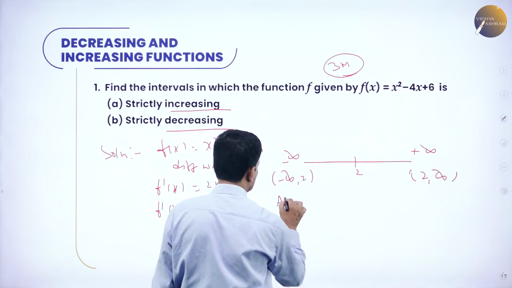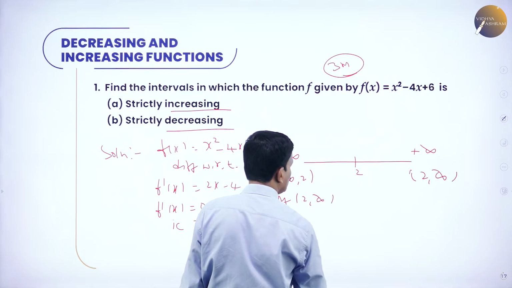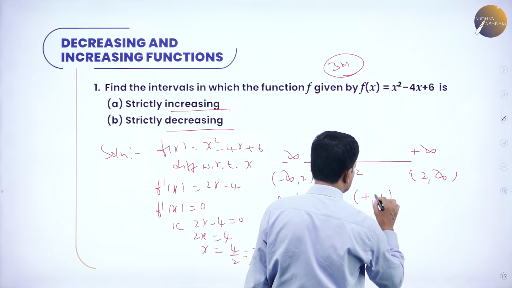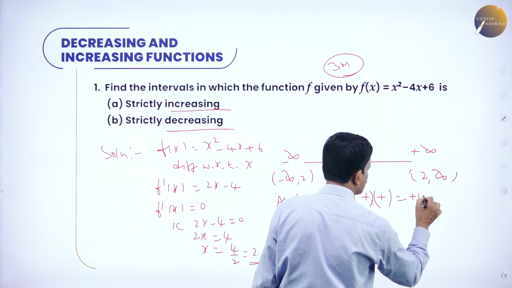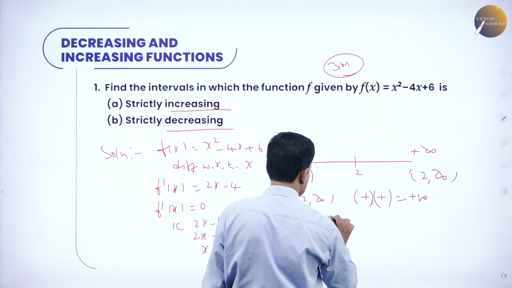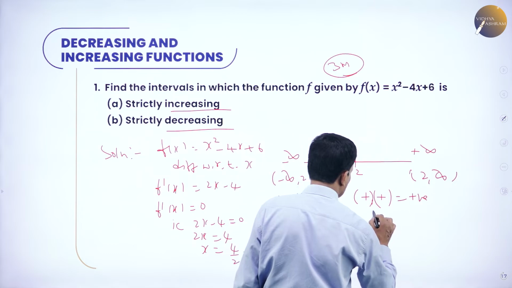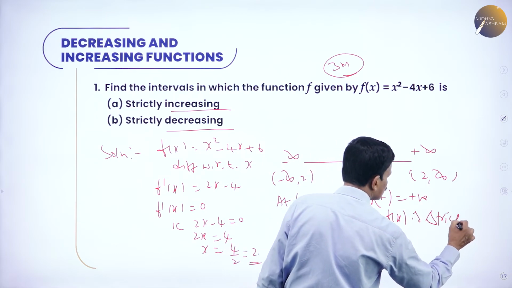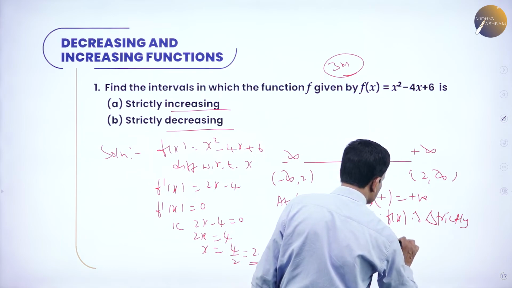At 2 comma infinity, both quantities are positive, that is plus into plus, which is equal to positive. That means f dash of x is greater than 0. Therefore f of x is strictly increasing.